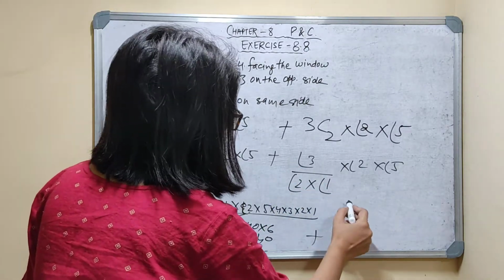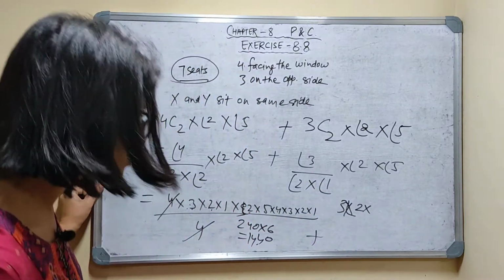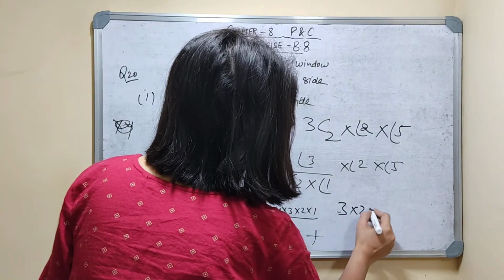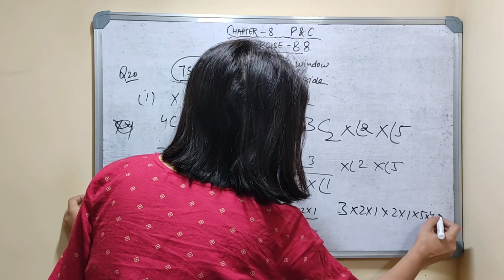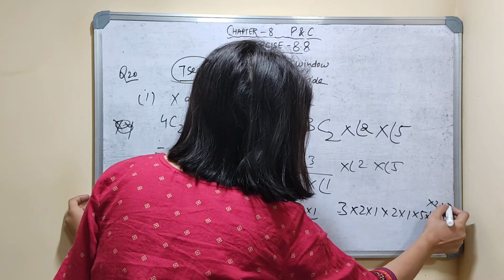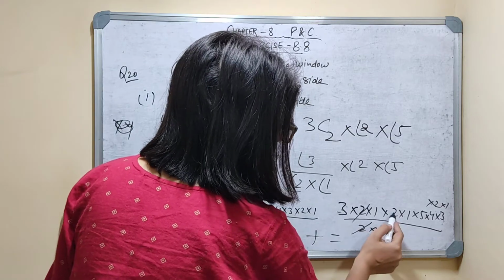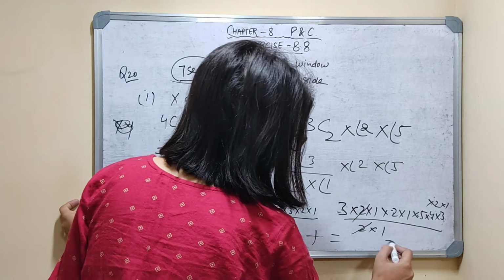Plus factorial 3, that I am writing as 3 into 2 into 1, into 2 into 1, into 5 into 4 into 3 into 2 into 1 upon 2 into 1. 2 cancels. 3 twos are 6, 6 fives are 30, 30 fours are 120, 120 threes are 360, 360 twos are 720.